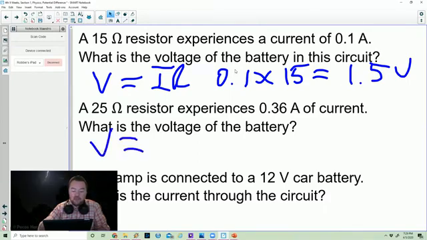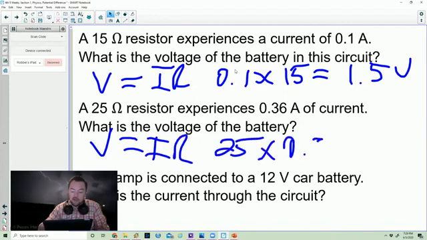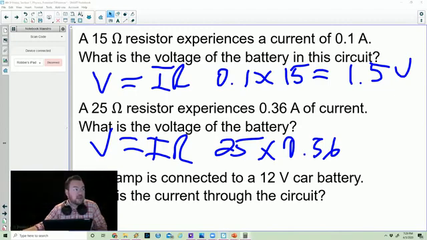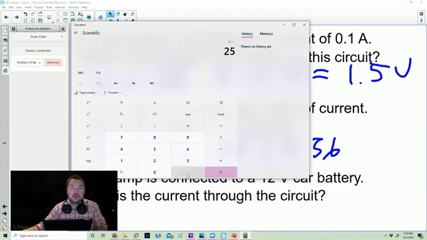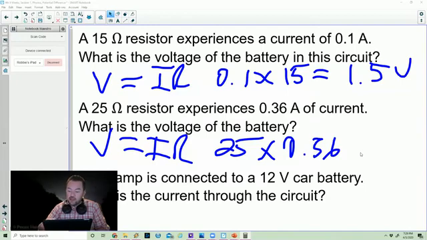So V is equal to I times R. I'm going to take 25 times 0.36, and that is a 9-volt battery. So whatever that 9-volt battery is powering, your voltage is 9 volts.